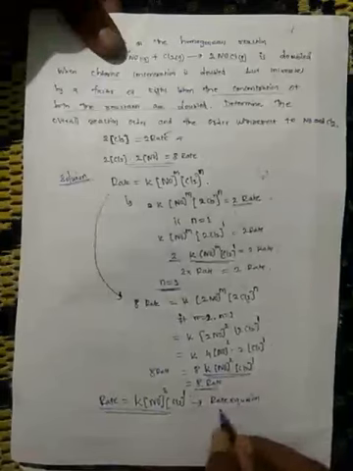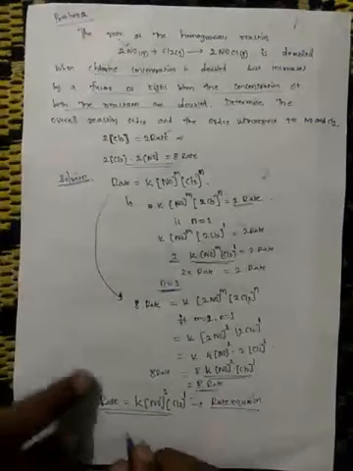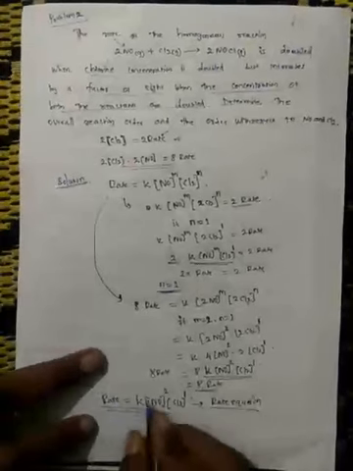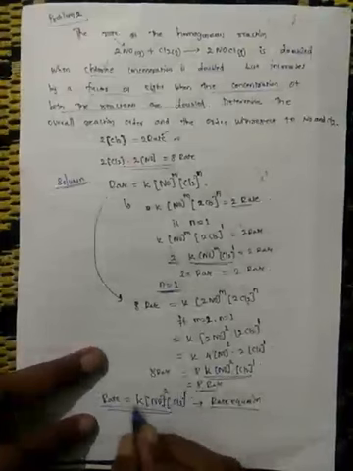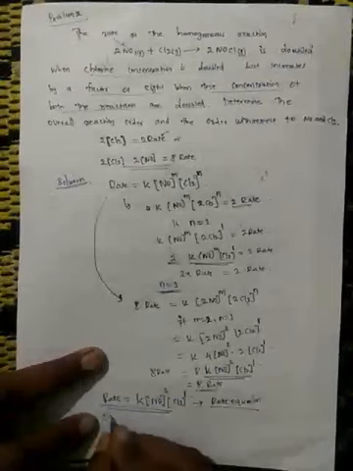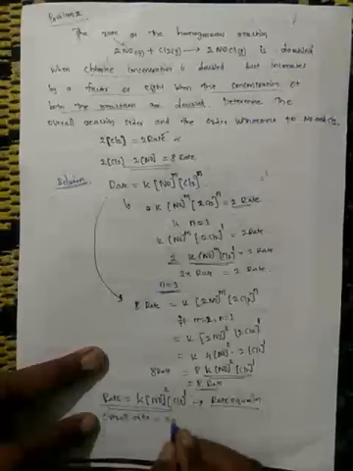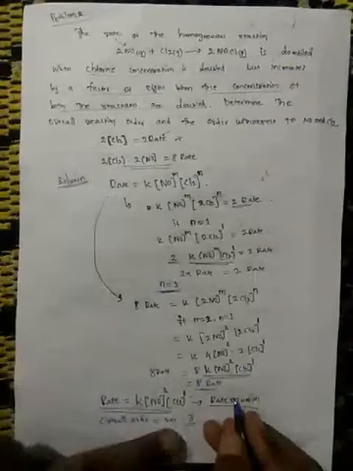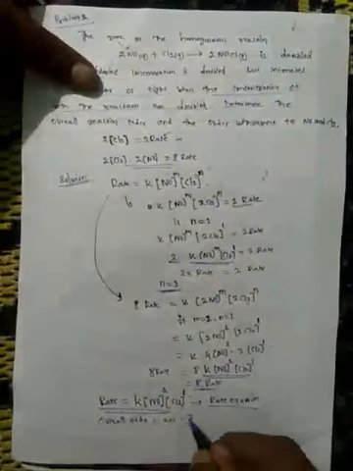This is the rate equation. And the overall order, what is it? It is the sum of the concentration powers in the rate law. So therefore, the overall order of the reaction equals 2 plus 1 equal to 3, and this is a third order reaction. This reaction is a third order reaction.